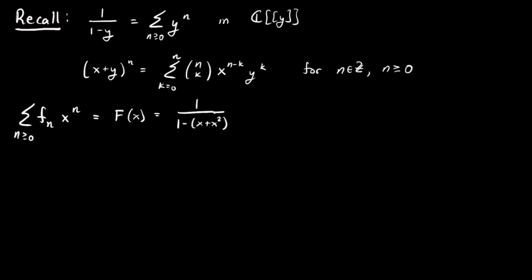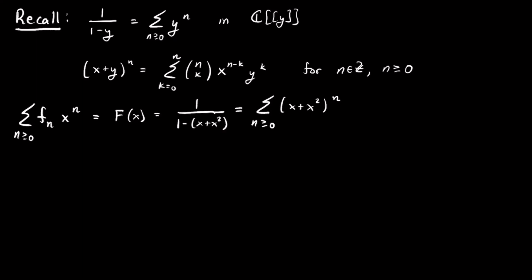Okay, and we can use our formula for the multiplicative inverse of 1 minus x plus x squared. So this is going to be the sum of x plus x squared to the n, where n is bigger than or equal to 0. Okay, so I'm using this equation where y is equal to x plus x squared.